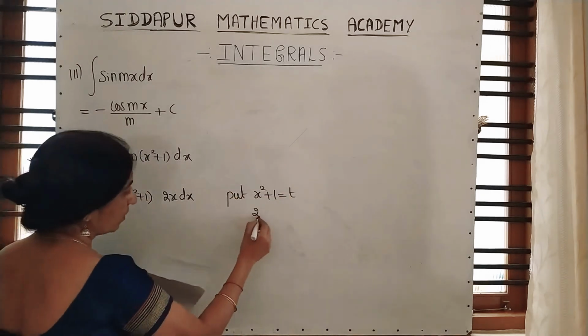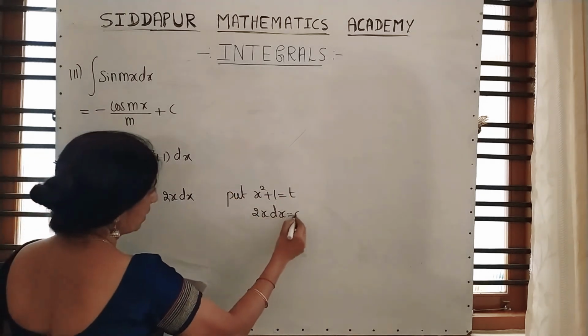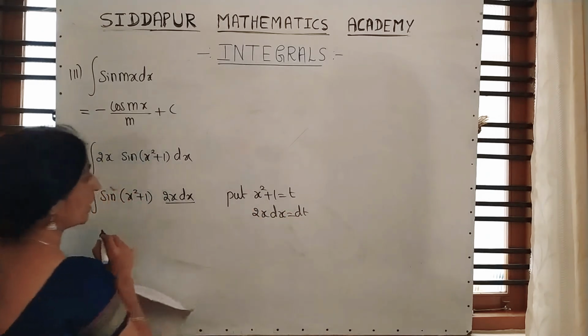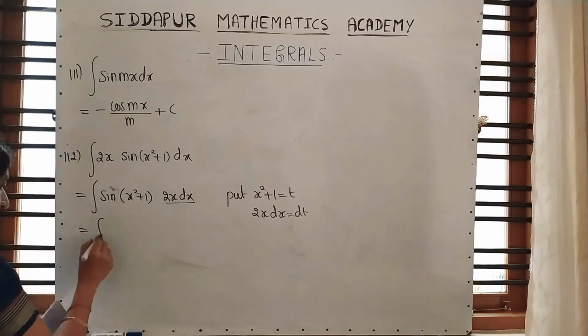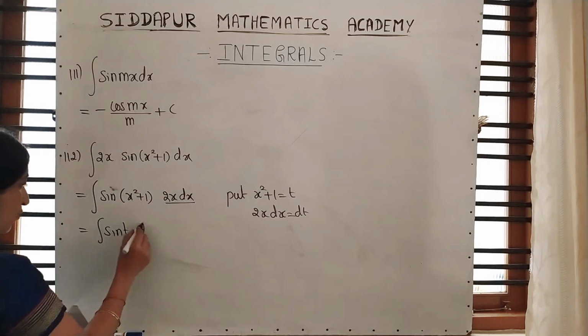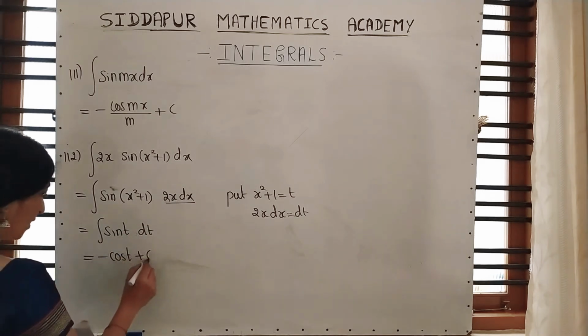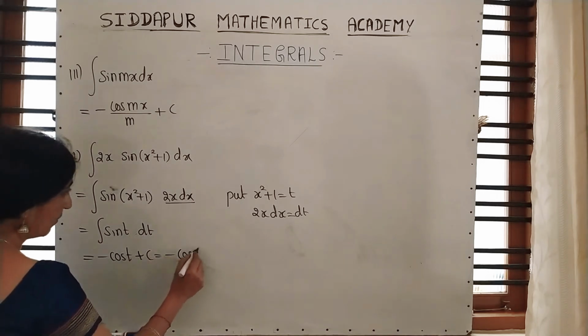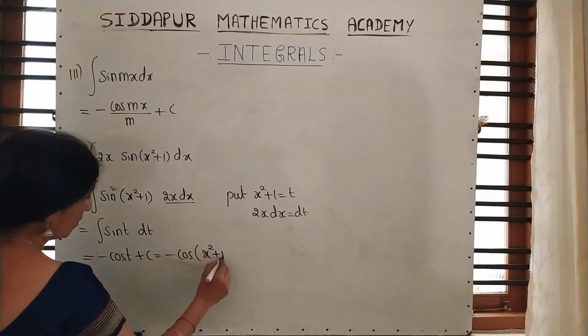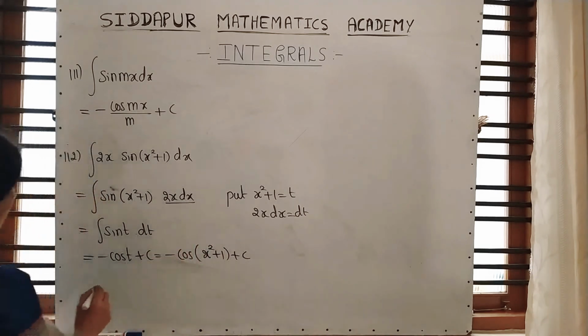Differentiation of x square is 2x into dx is dt, and we require that. It is sin t into dt. Integration of sin t is minus cos t plus c. It is minus cos (x square plus 1) plus c.